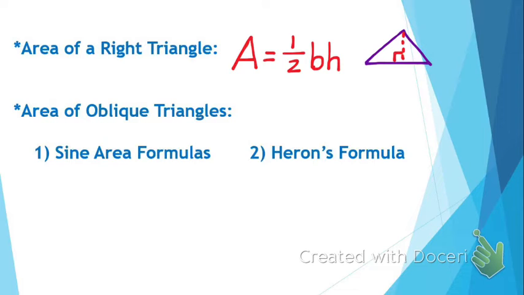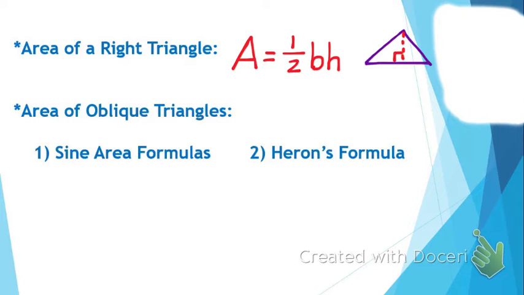But any other triangle, so another triangle would be, even if you have something that looks like this, kind of goes off the screen a little bit. But even in a triangle like this, the height would actually be outside of the triangle.